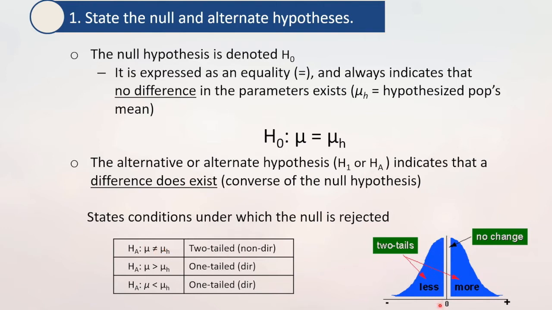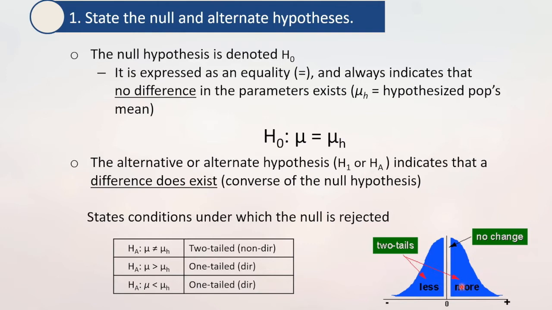And there is a certain range around this mean, towards the left and the right, that we can accept as equal. Anything that is below or above is not equal. Or it can be one-tailed towards the right.